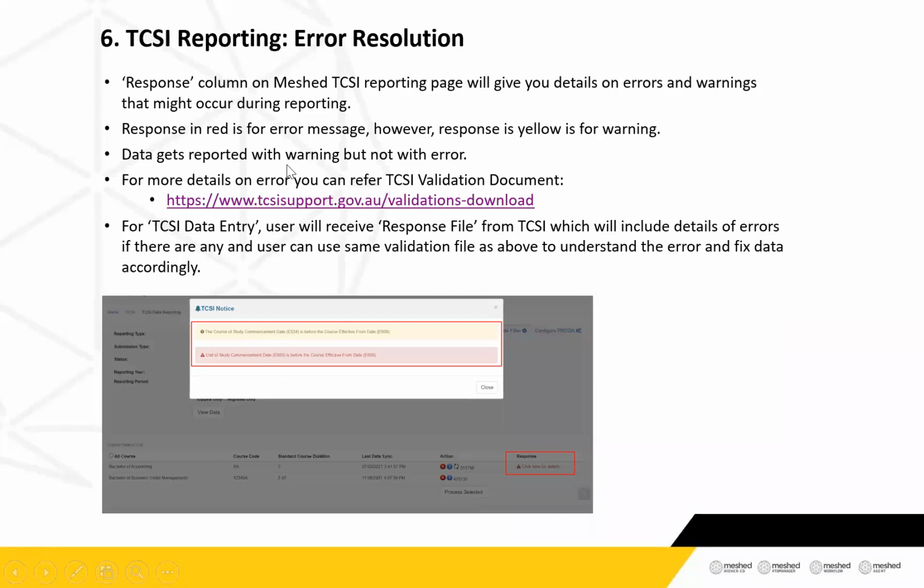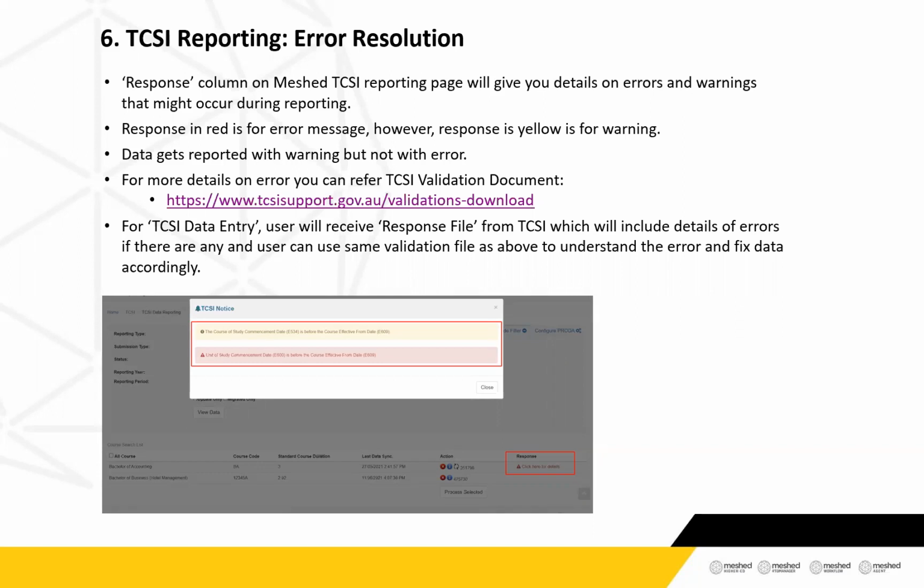Now, for API users, it's going to be pretty straightforward because they are going to receive an error for each and every record at that time itself. So they can just straight away go and find out what the resolution is. For users who are non-HESA funded, who are going to use the report feature, once you upload your files on TCSI, you'll receive a response file from the TCSI end itself.